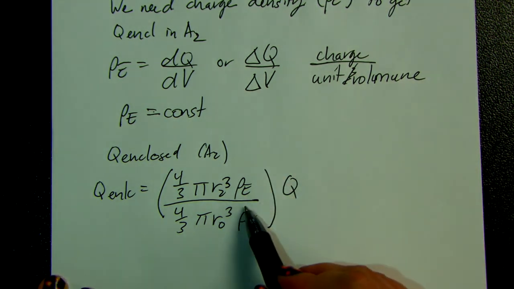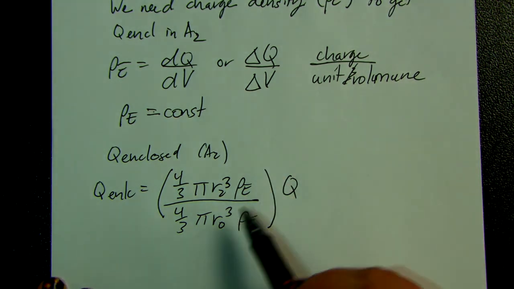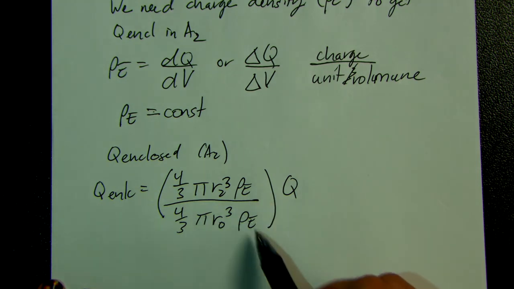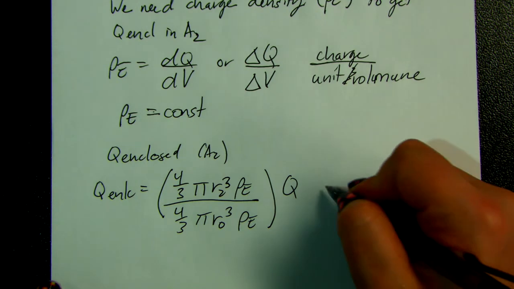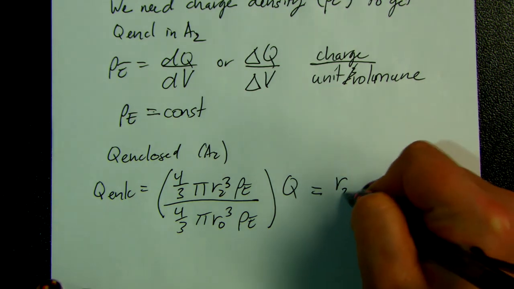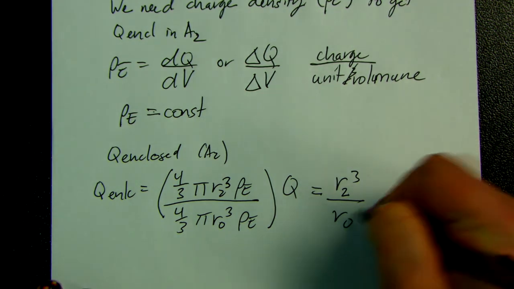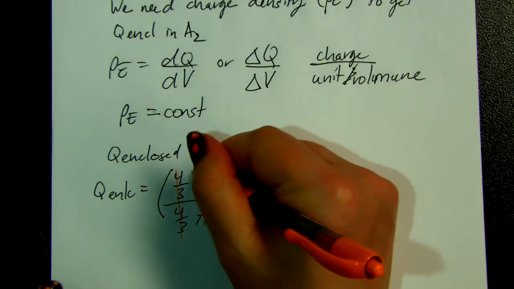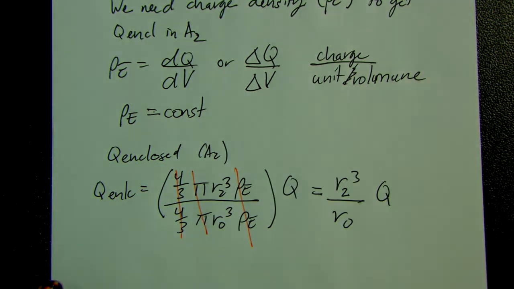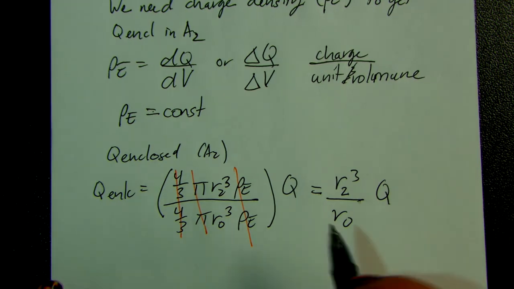So this is the charge of our section. This is the volume of our section. This is the volume of the total sphere. This is the total charge that we want to scale. So we've got R2 cubed over R0 cubed times Q. So we can see this has canceled, this is canceled, and this is canceled. All right, so combining this with Gauss's law, there it is.